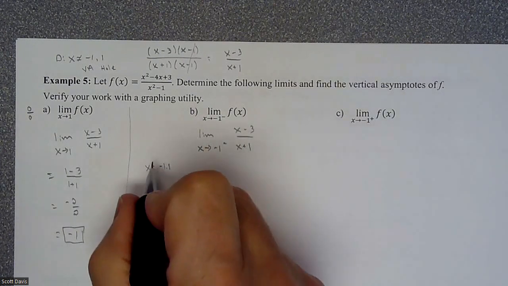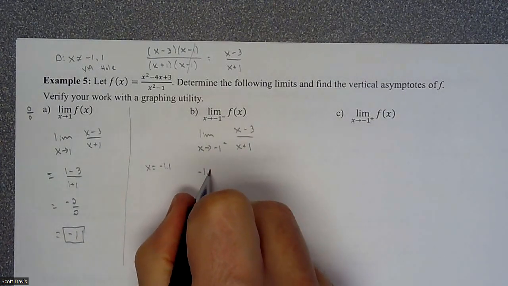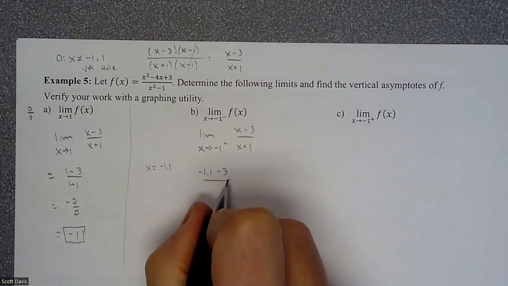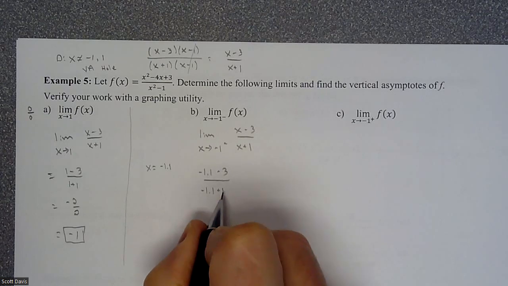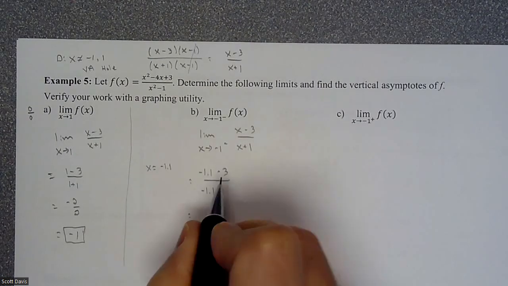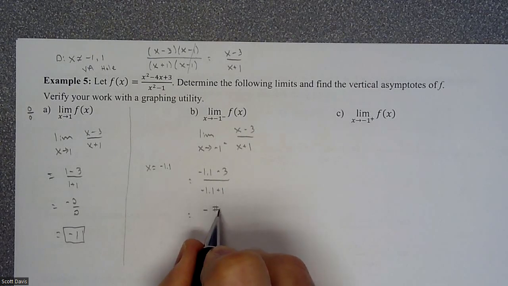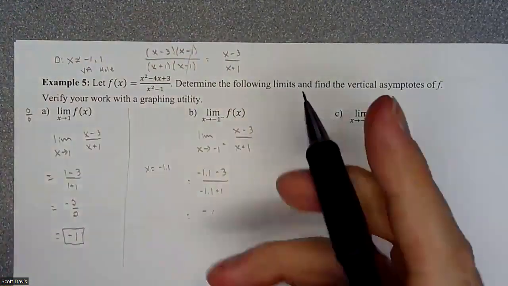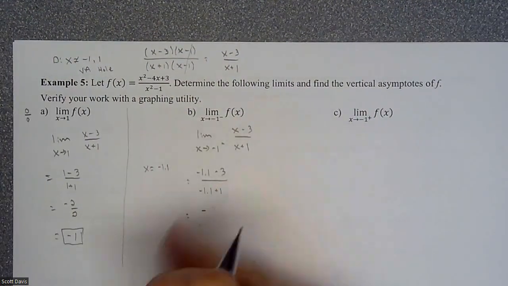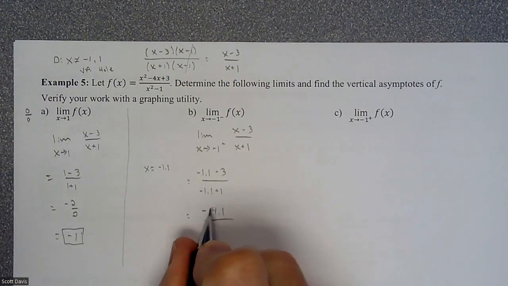So if I plug that in, I get -1.1 minus 3 over -1.1 plus 1. The numerator is a negative number, about -4.1. The most important part is that it's negative.